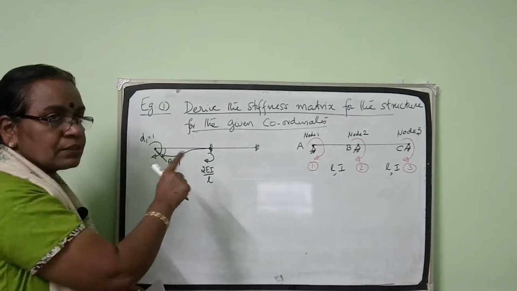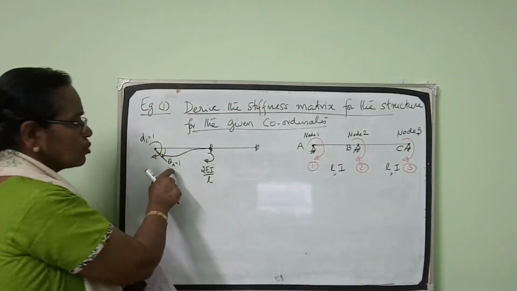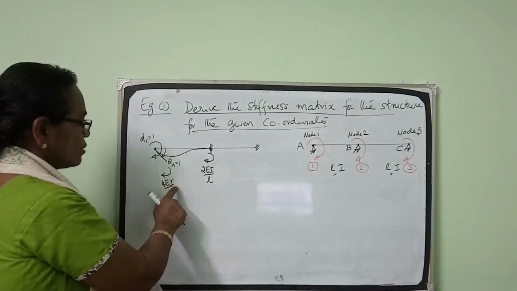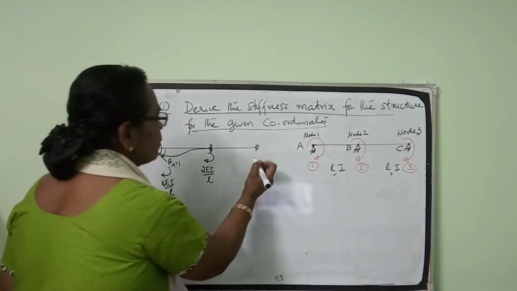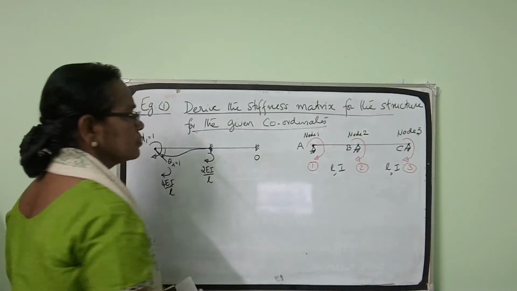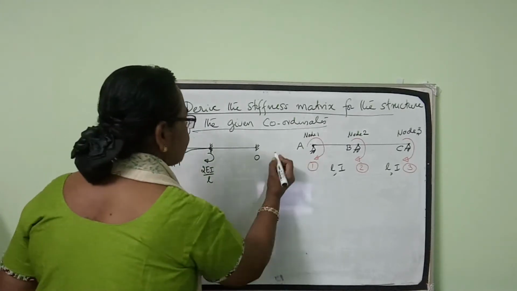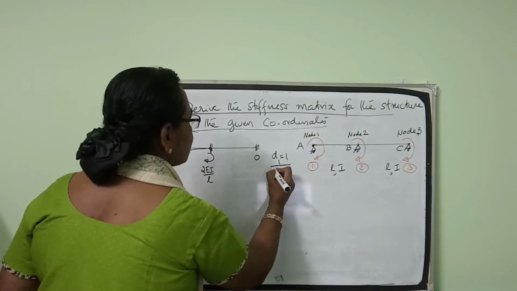If you want to make this end rotate by 1 radian, what amount of force must be applied there? So 4EI by L is the moment induced here, 2EI by L is the moment induced here. There will not be any moment induced here, it is 0. So according to the definition of stiffness influence coefficient, you apply d1 equals 1.